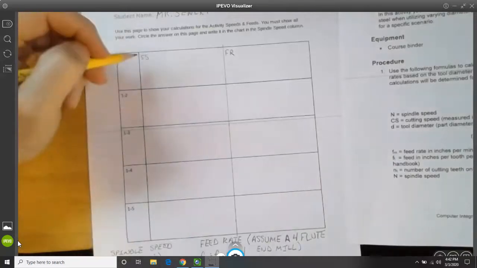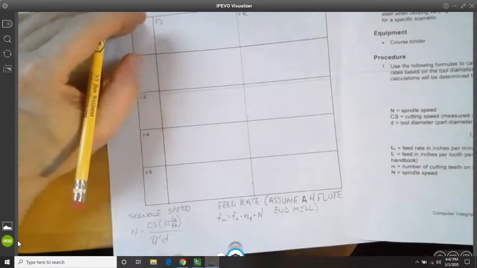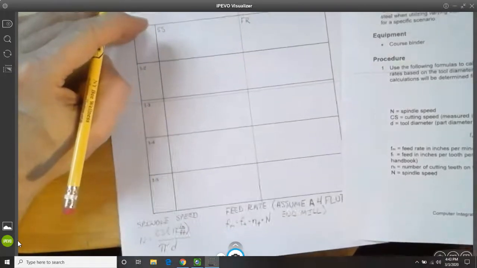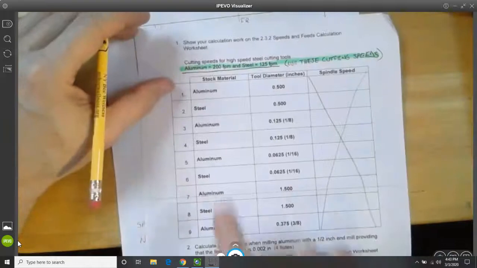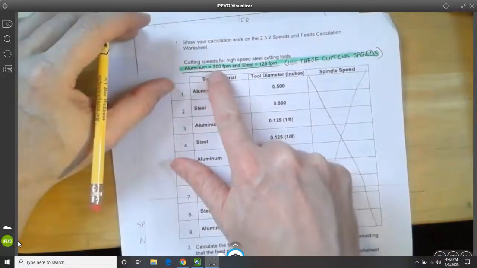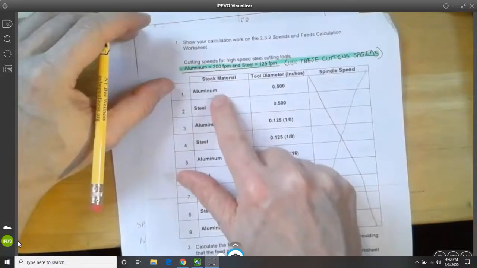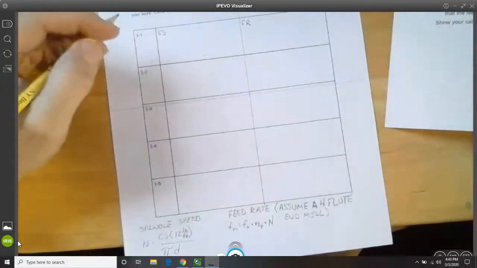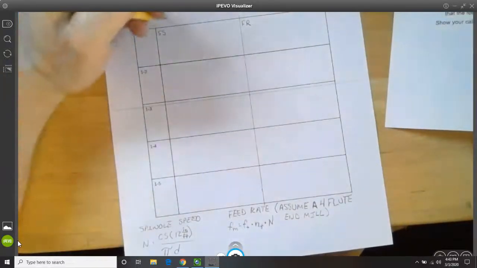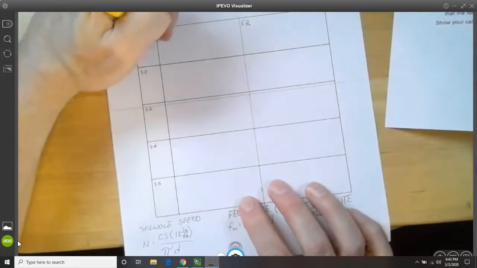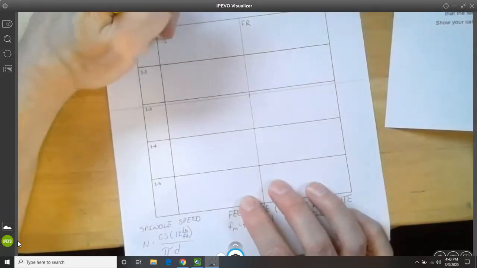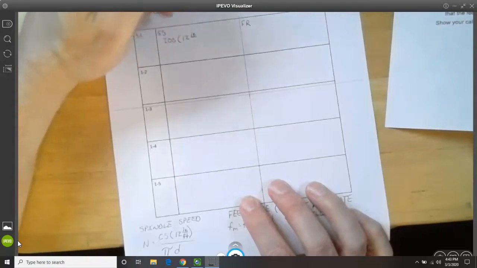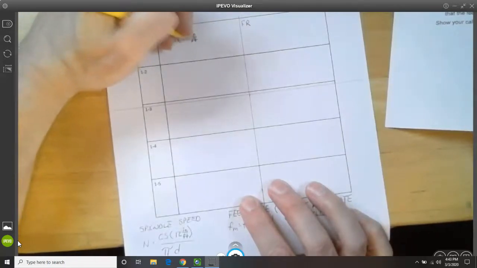Okay, so spindle speed. The first thing is we have to know our cutting speed, and the cutting speed is told to us right here. For aluminum, we're going to use 200 feet per minute. So I'm going to put down my 200, and that's going to be times 12 inches per foot.